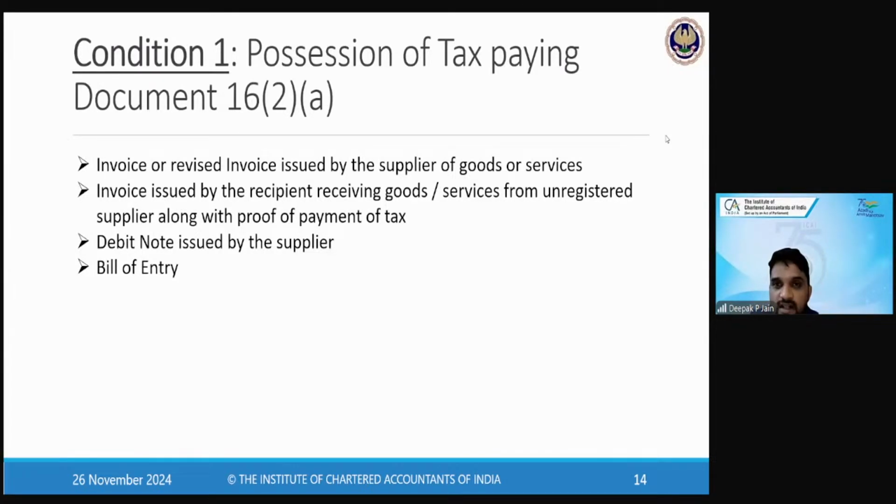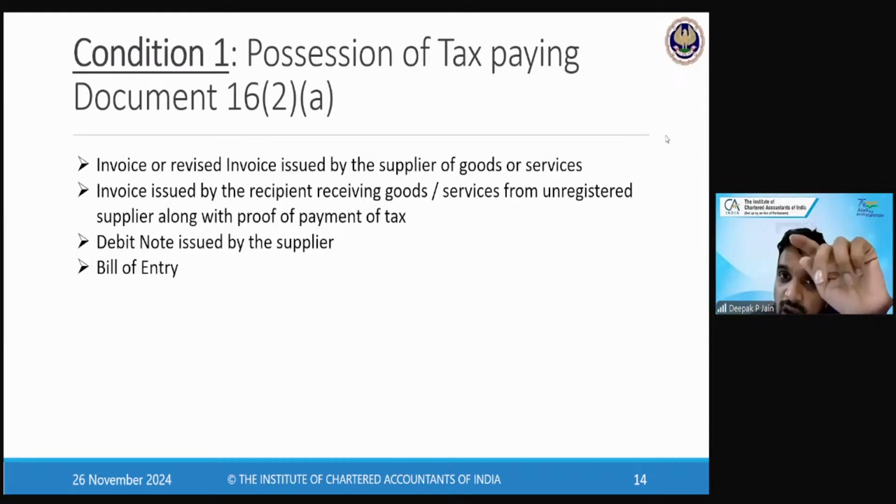The captain gives a bill of lading. But the customs officer sitting at the customs port, when your goods are being cleared, will give a document called a bill of entry. So when you import any goods, there will be a bill of entry. It will have the value and all the details of your goods.